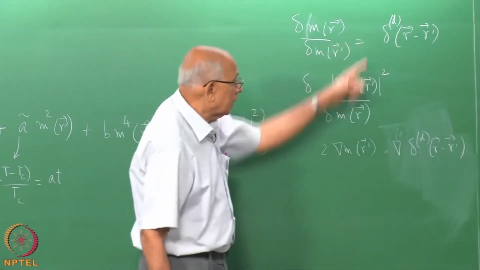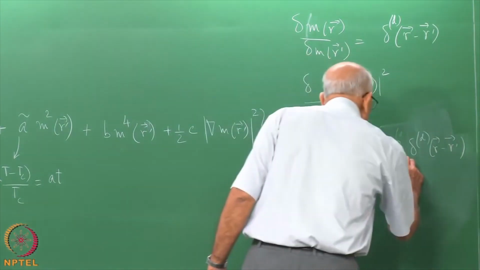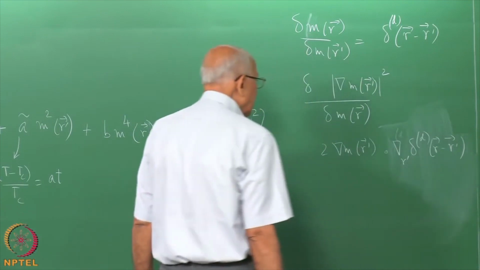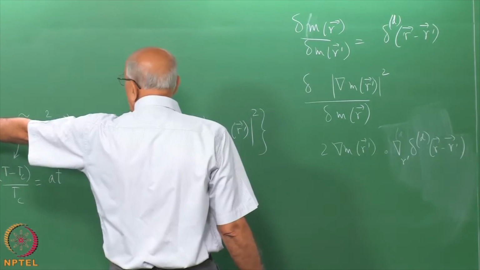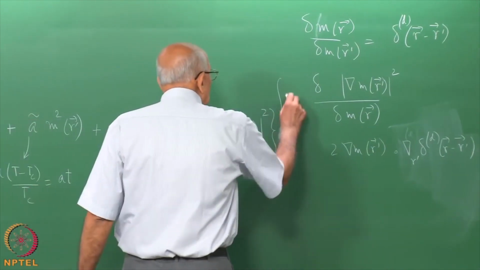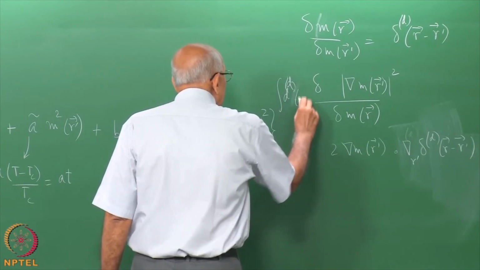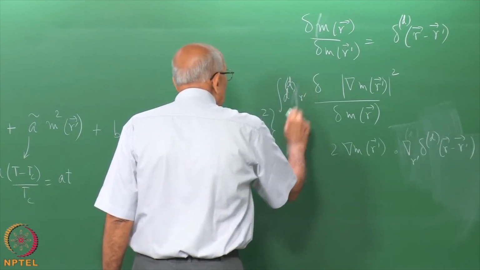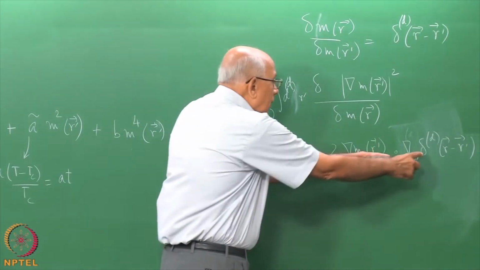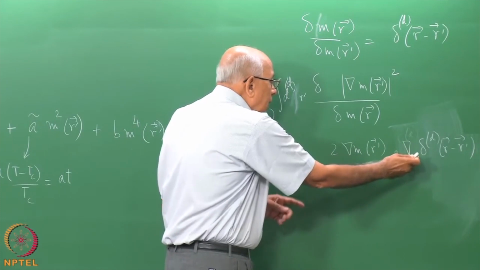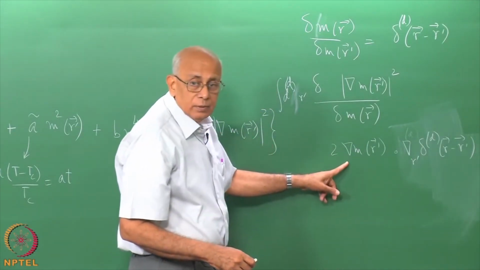I use this gradient with respect to r prime. Yeah, put primes on them. So this is r prime out here. But what I really have is an integral over d dimensions r prime, so really you should insert this d r prime on both sides, and when you do that and you integrate by parts, this delta function is going to fire and this gradient is going to operate on this factor here.